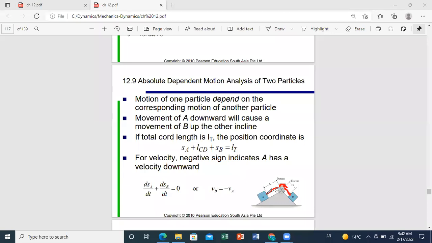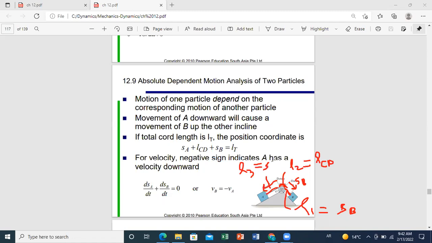Because I considered this distance to be SB, part one L1 is equal to SB. Now, the second part of my chord is arc CD, so L2 is equal to the length of arc CD. And finally, the third part of my chord is L3, equal to this distance, which is SA.